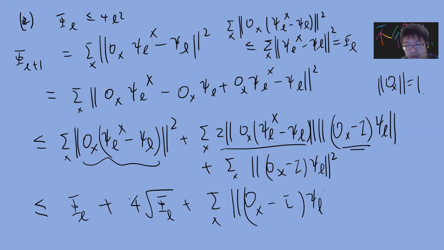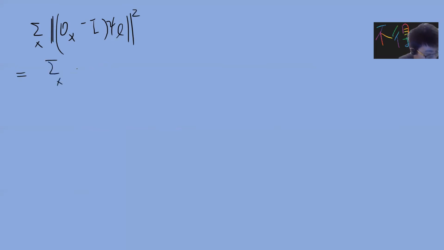The tricky part is the final term. I want to bound the final term. So how should I bound these terms? You can just insert a unitary term.